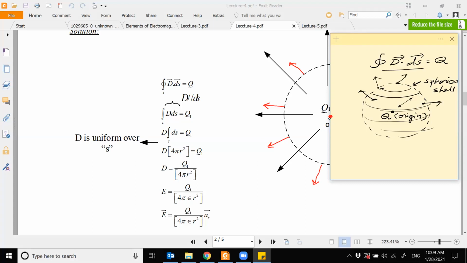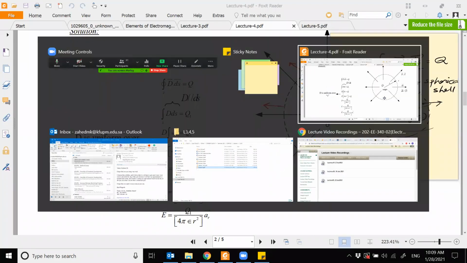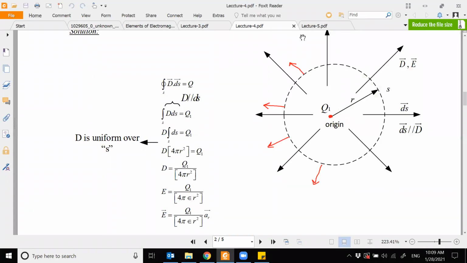And what will be this unit normal? This will be your a_r, correct? Because it is radial. So now, if we continue with our analysis, this becomes your a_r. This a_r will be the unit normal of my dS vector.